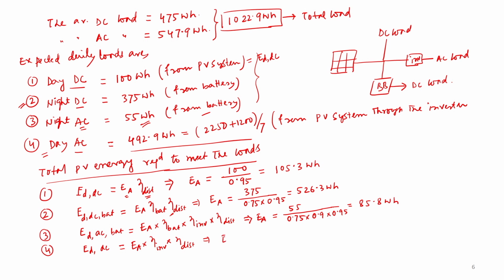So, we can calculate what is EA here. It will be something like 492.9 divided by inverter efficiency 0.9 divided by 0.95. So, this will be 576.5 watt hour.